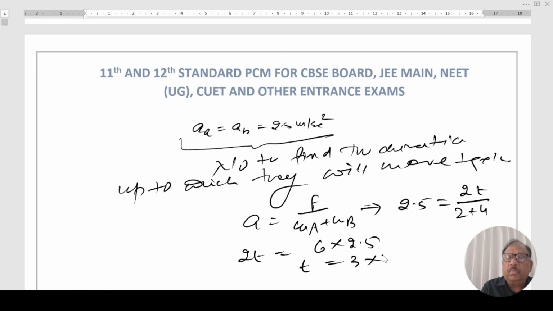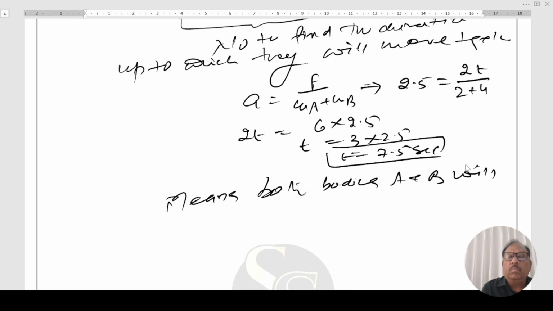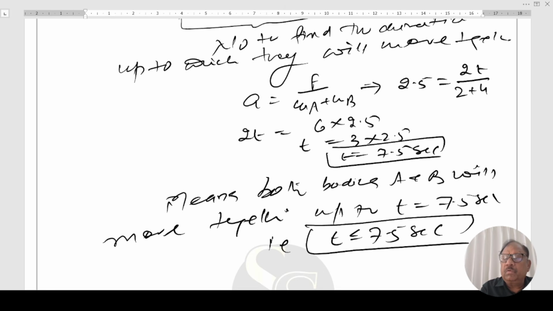T equal to 3 into 2.5. That is 7.5 second. 7.5 second means both bodies A and B will move together up to T equal to 7.5 second. That is T less than or equal to 7.5 seconds.